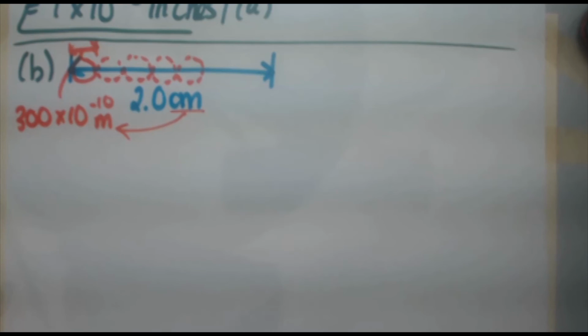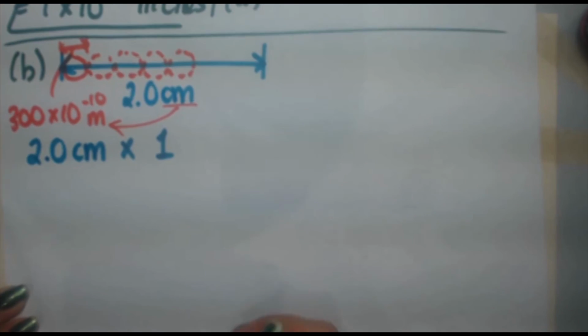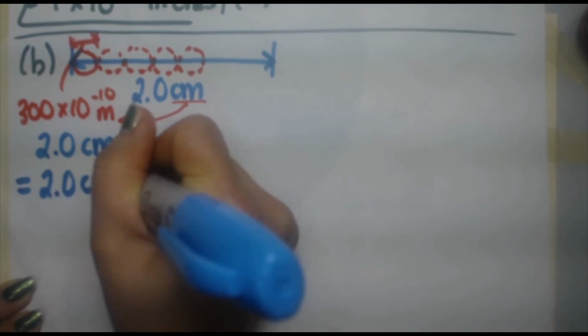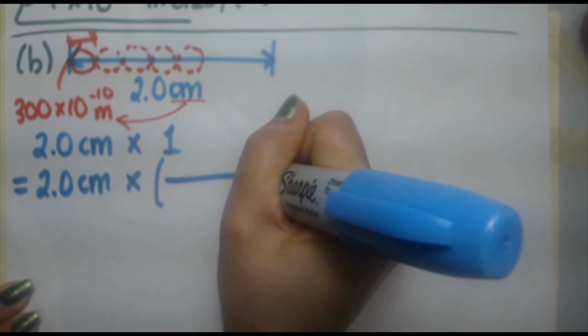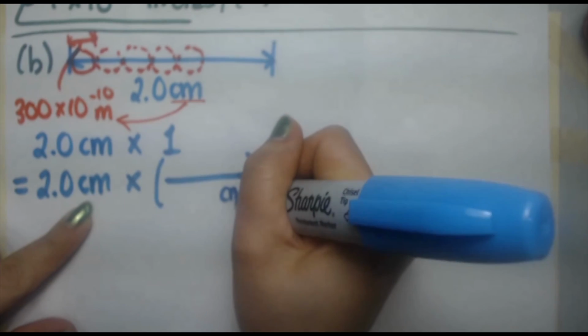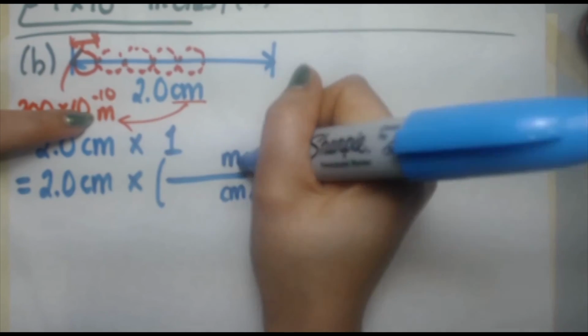You should already be an expert on doing this, and if not, here's how you do it once again. You've got the 2 centimeters. You multiply that by 1, equals 2 centimeters times, replace the 1 with a large bracket and draw a line in the middle. You're trying to get rid of centimeters, so centimeters goes on the bottom. You're trying to achieve the unit of meters, so meters goes on top.